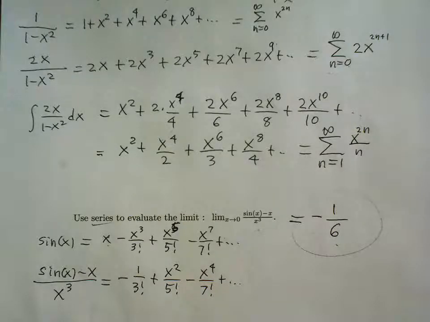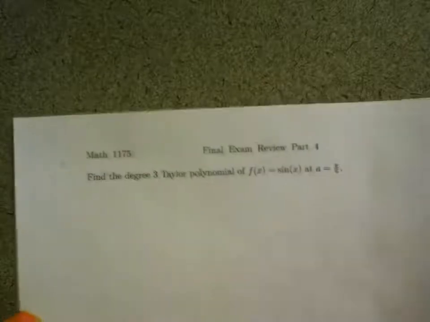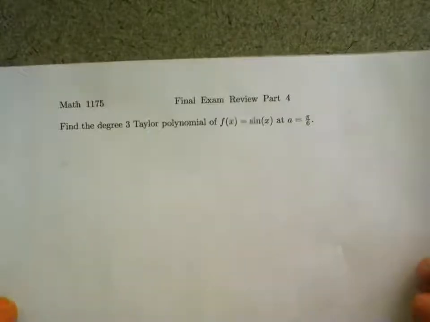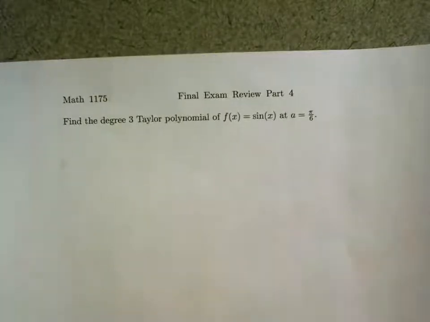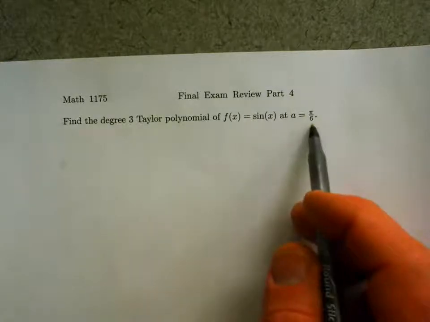Okay, let's look at the next page. So for this one, find the degree 3 Taylor polynomial of f of x equals sine of x at a equals pi over 6.